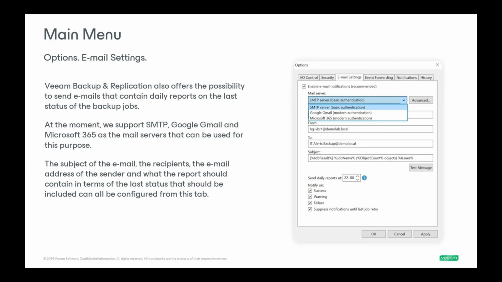So if you come in the morning, you will get a notification if a backup failed or not. It's easy enough to just go there, set up your SMTP server, or Gmail or 365, add in everything, send a test message to yourself, make sure it's pairing correctly, and then you will start getting those daily reports and being notified on those jobs.